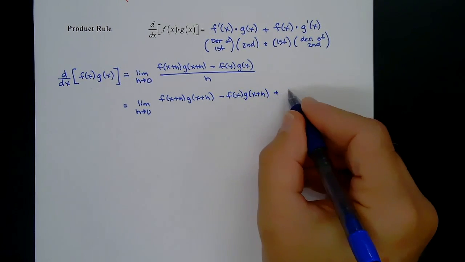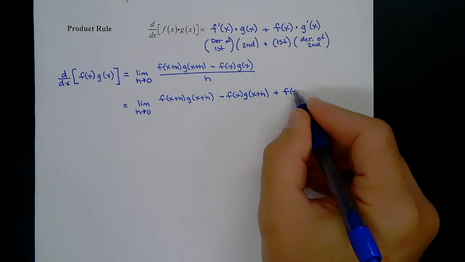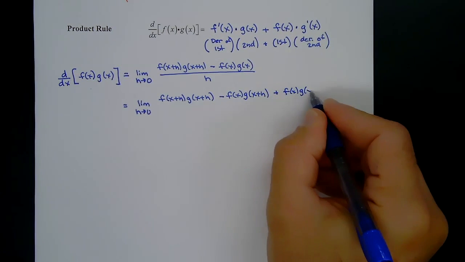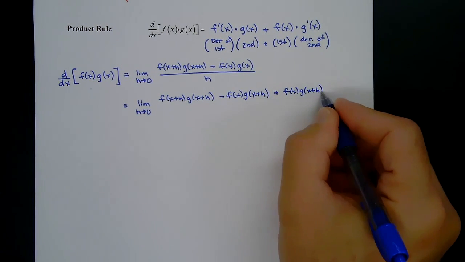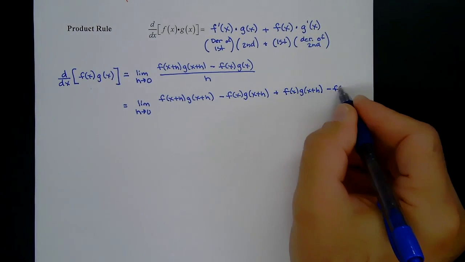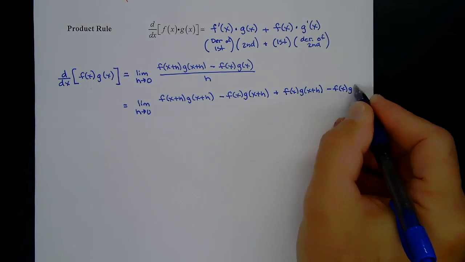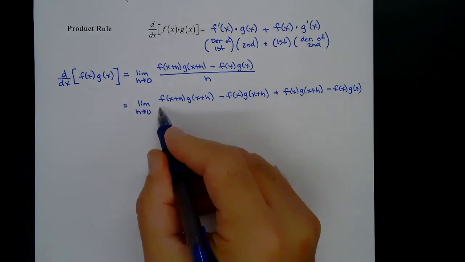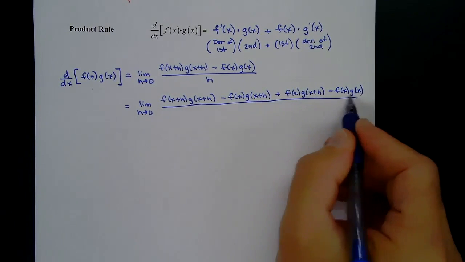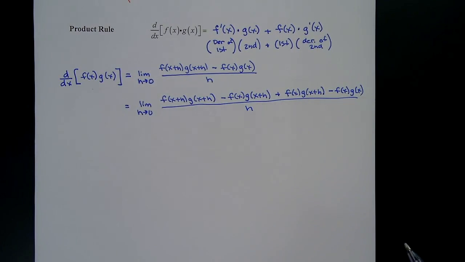So plus f of x, g of x plus h minus f of x, g of x, all over h, big long fraction bar, right?